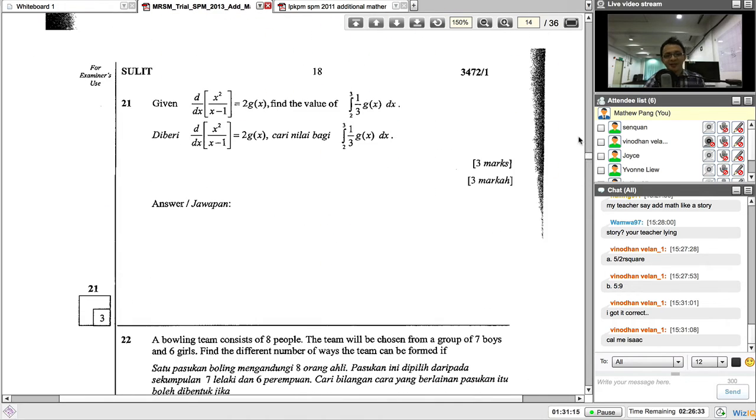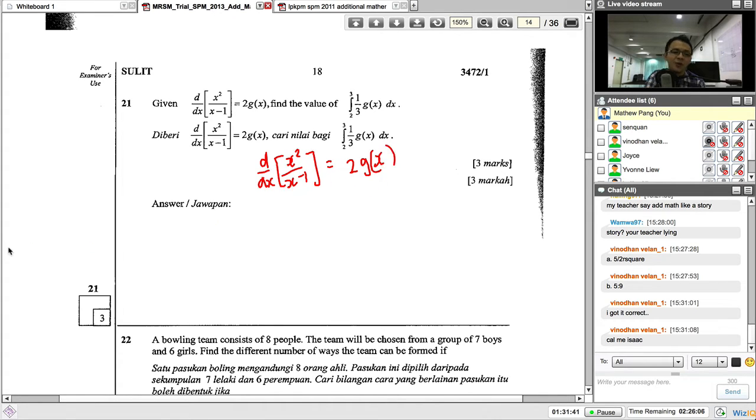Okay, this one is another integration. It's a bit different from what you all have seen, but I'm going to explain this one. For this part, it's actually quite simple, but you need to do something. So I have d/dx of x squared over x minus 1 equals 2 g(x).